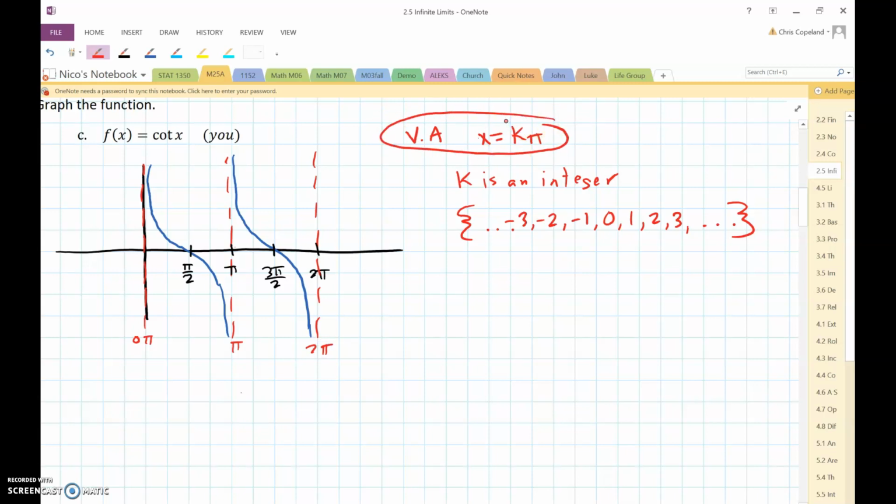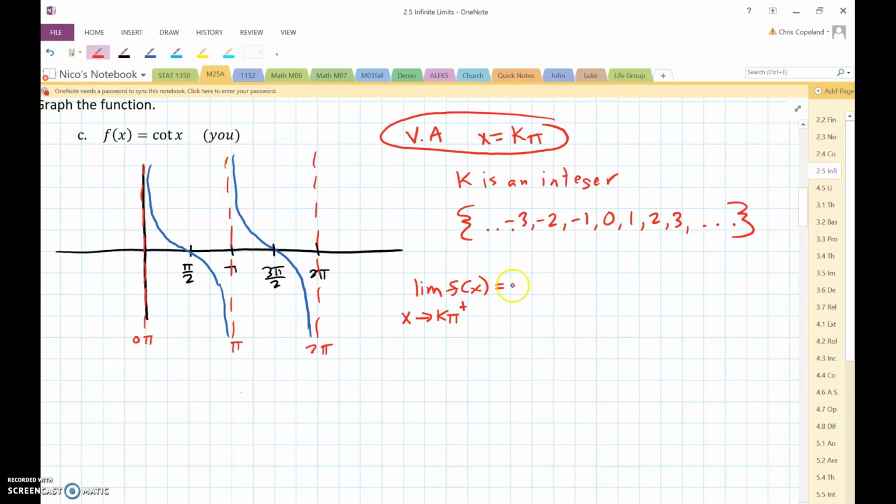Okay, so we need to write that as a limit, using one-sided limits to describe that. So let's do the limit of this function as x approaches k pi from the right.